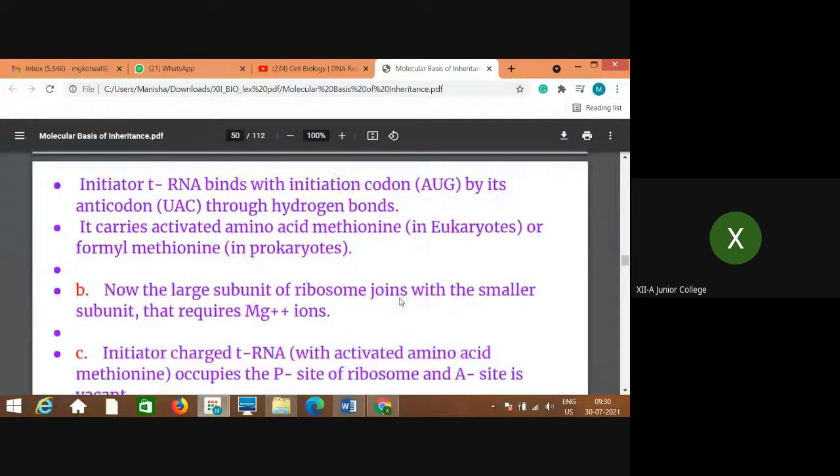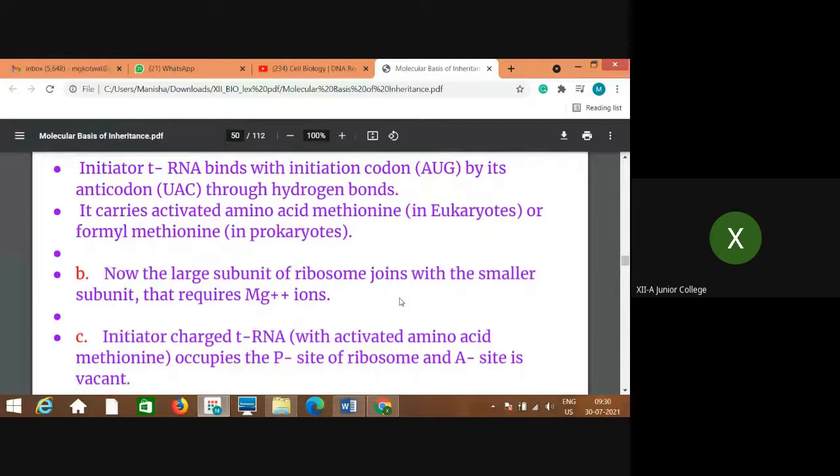I will explain this again and then I will show you. You have just seen the video also. The initiator tRNA binds with the initiation codon AUG by its anticodon UAC through hydrogen bonds. It carries the activated amino acid methionine.